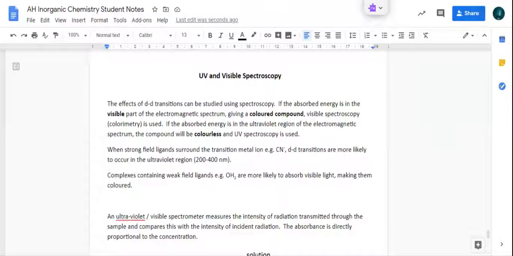Now, we can use this fact to analyze substances using spectroscopy. Remember, if the absorbed energy is in the visible part of the electromagnetic spectrum, we will get a colored compound.